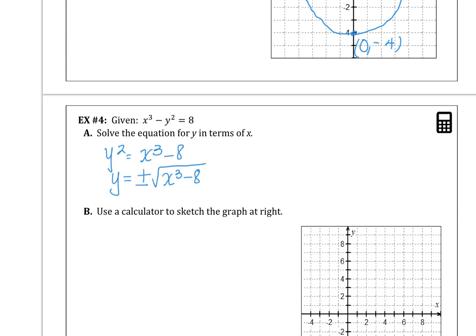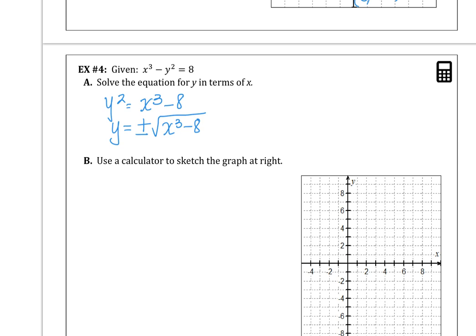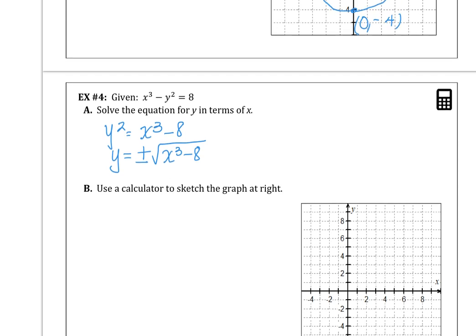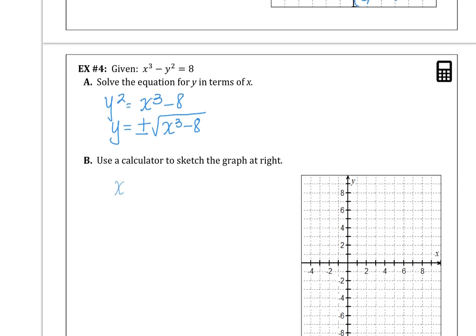If we make a table real quickly, we could say x and y, just to get a feel for what's going on: 2, 0. If we let x be 3, we got plus or minus square root of 19. If x is 4, plus or minus square root of 28.